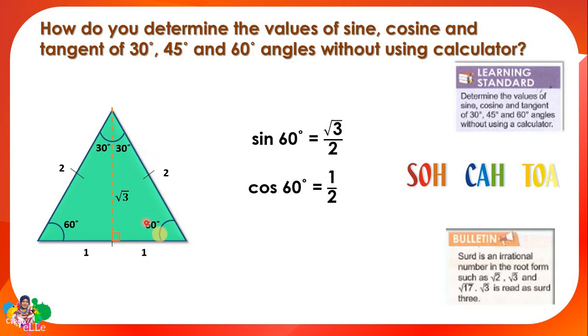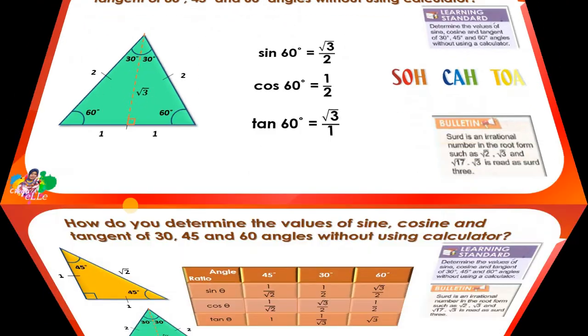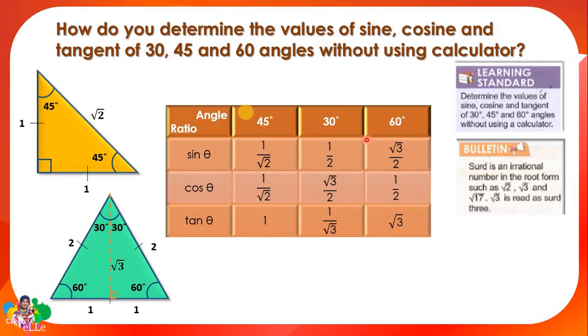And tangent 60 is opposite over adjacent, square root 3 over 1, or square root 3. So these are the values of sine, cosine and tangent for these angles. These angles are known as special angles because you can find the value of the trigonometric ratios without using a calculator.